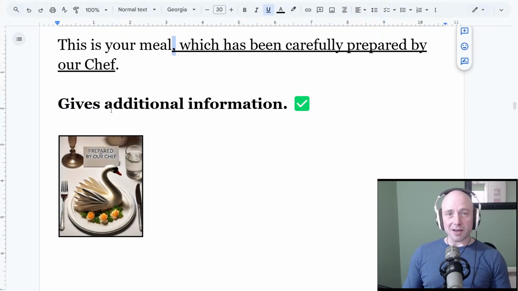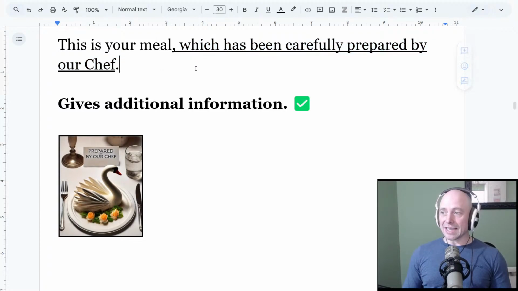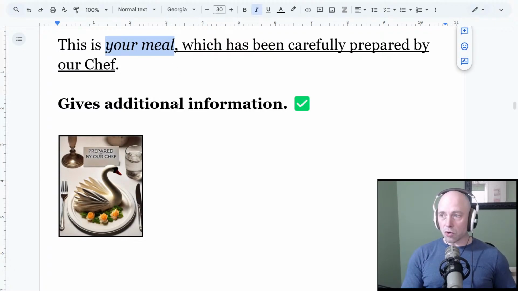Notice the comma. Additional information. This is called a non-defining relative clause. The relative clause is not part of the noun phrase. Here is the noun phrase: your meal. That's the noun phrase.